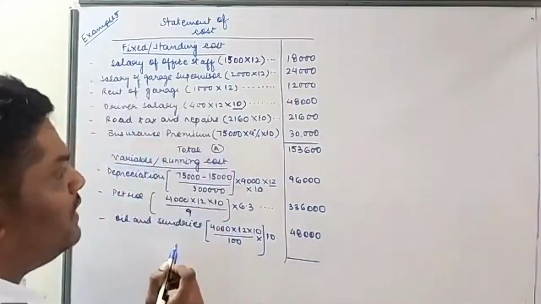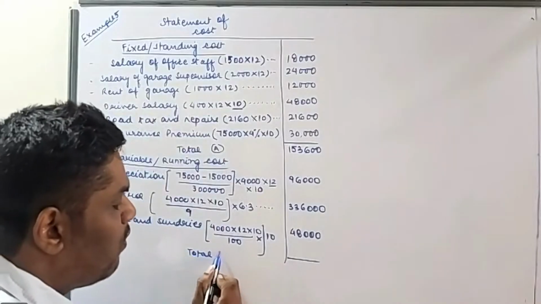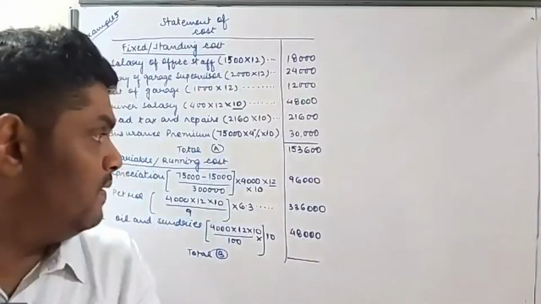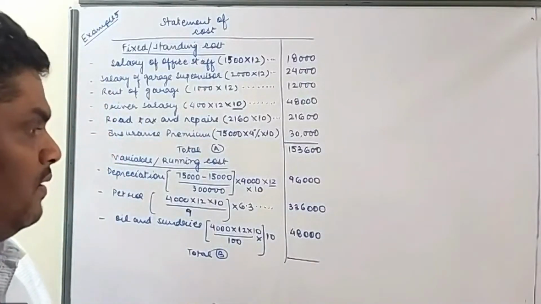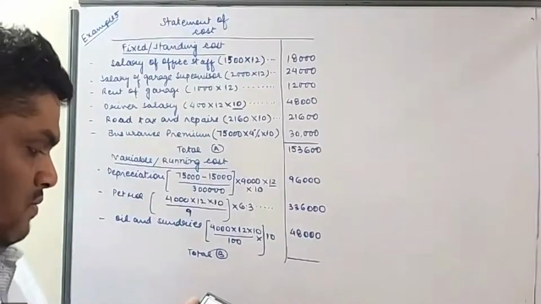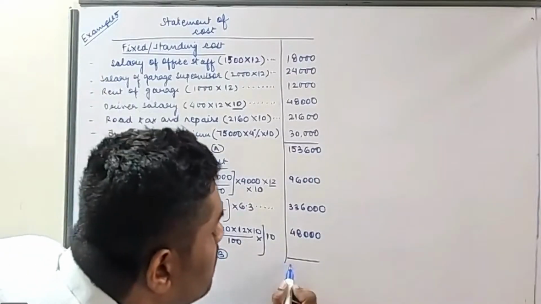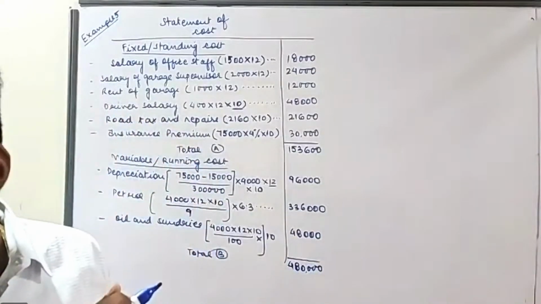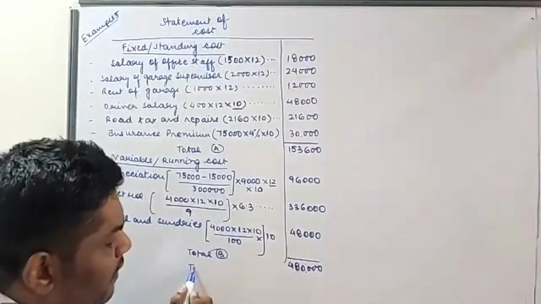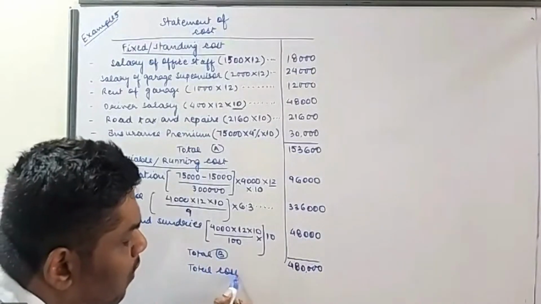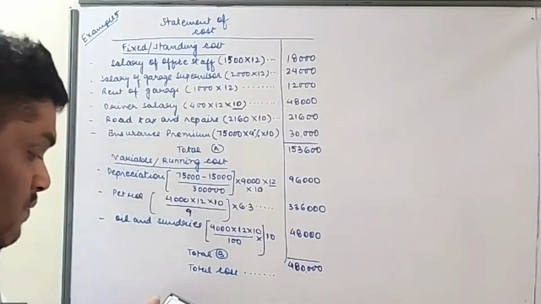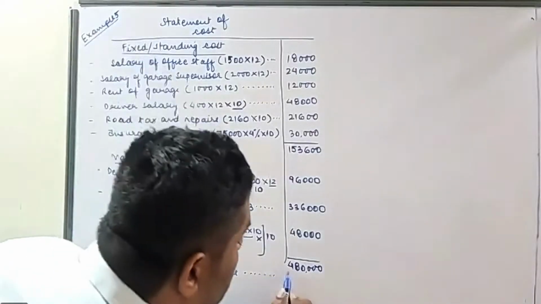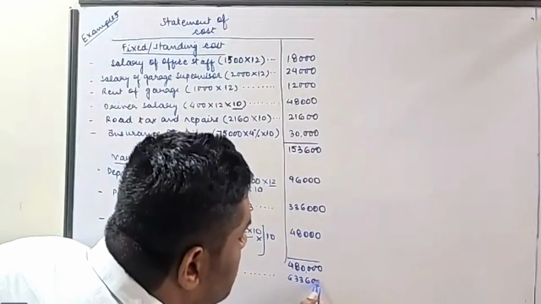Now let's calculate the total. So my total cost will be 633,600.